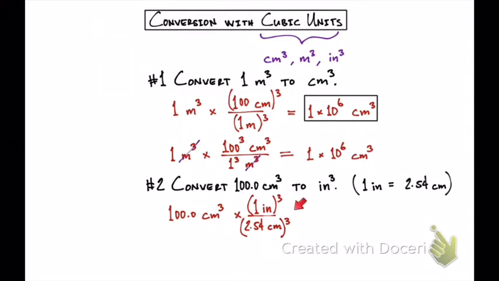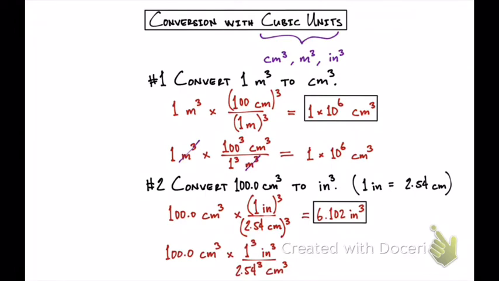Because we're cubing everything that's inside, you're also cubing the 2.54. So that would be 2.54 raised to the third power. And this gives us 6.102 cubic inches. Or you can rewrite it in this format. And that will give you the same value, 6.102 cubic inches.